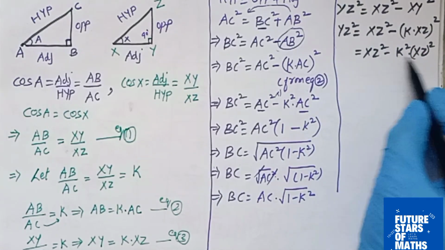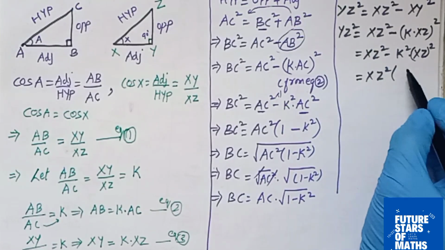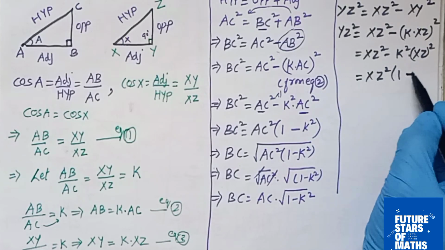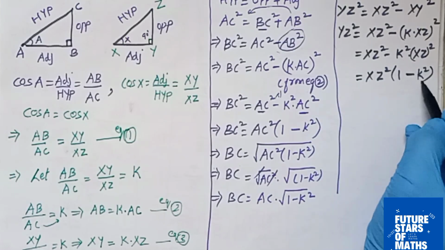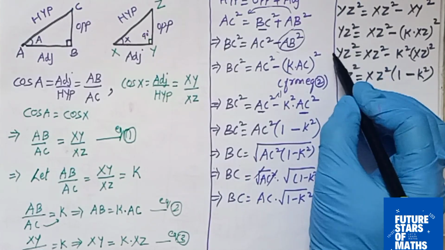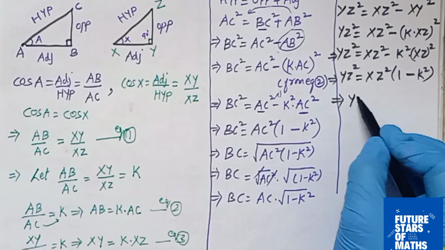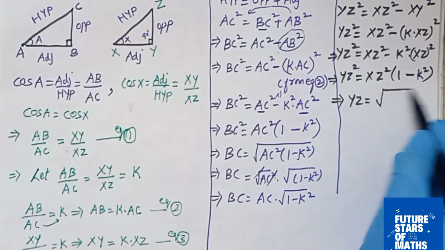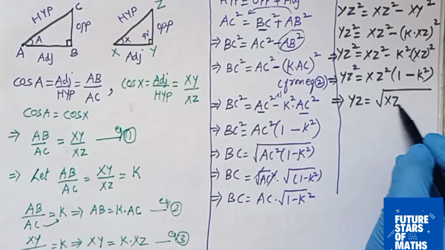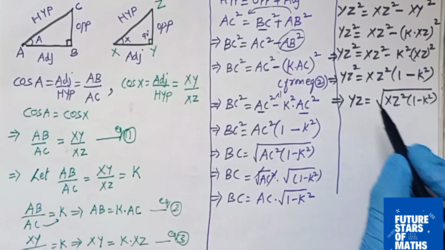Again here we have XZ square as common. So what is left? 1 minus K square. So YZ is equal to square root of XZ square into 1 minus K square.